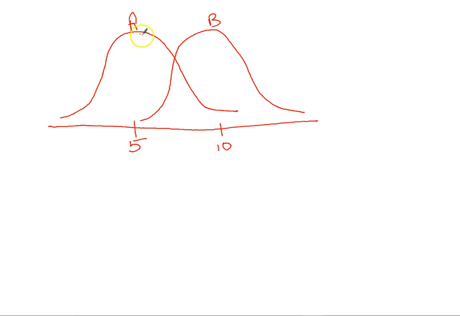Well, these are the means. What's in the middle of it? So this A has a mean of 5, B has a mean of 10, and we say that the larger the mean, the graph shifts to the right. As the mean gets larger, the graph shifts to the right.